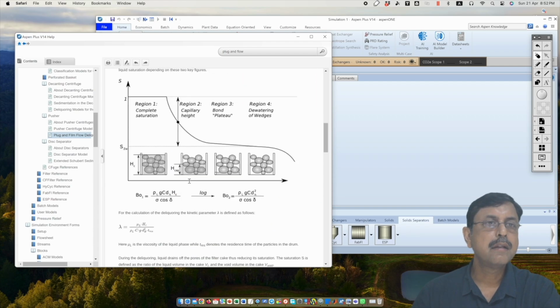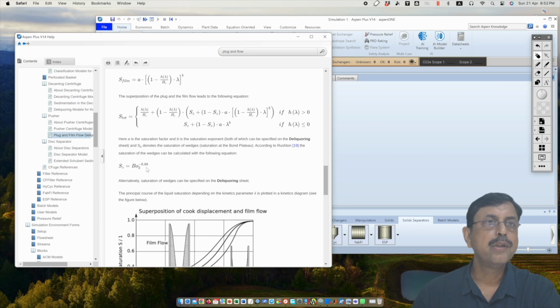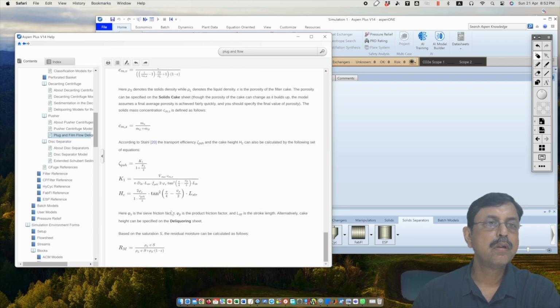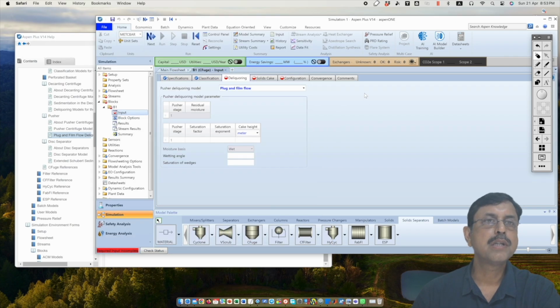And here you have to calculate the residual moisture. By using this information, you need the liquid density, which is available from the property database. Epsilon is the porosity. You have to mention the porosity somewhere over here.